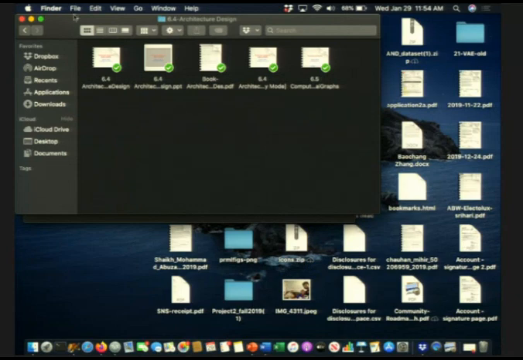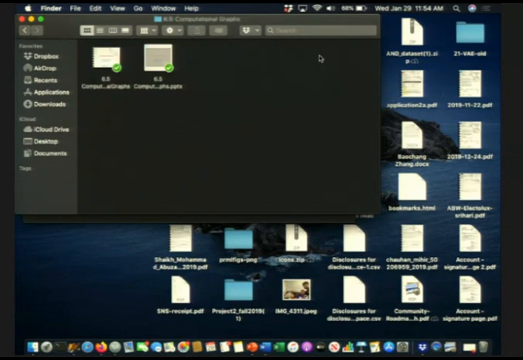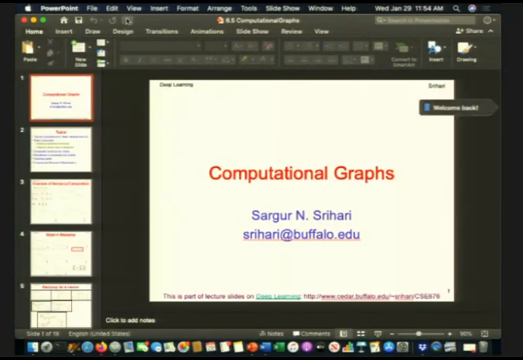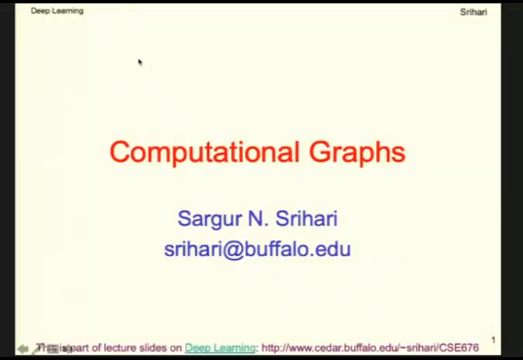wanted to cover was a very interesting section called computational graphs. The use of these graphs in deep learning is pervasive, so you would have a good idea of what these computational graphs are.